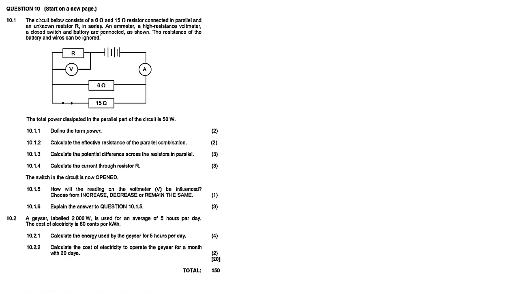And then an ammeter, a high resistance voltmeter, a closed switch and wires. The closed switch and battery are connected as shown. The resistance of the battery and wires can be ignored. The total power dissipated in the parallel part of the circuit is 50 watts.